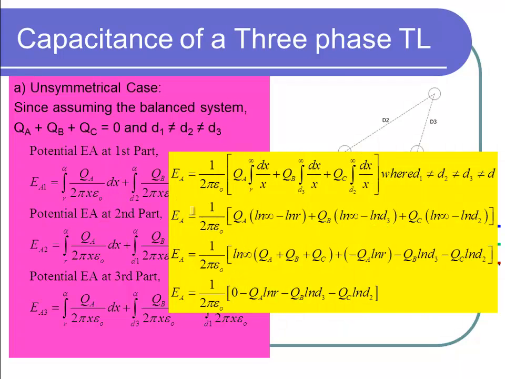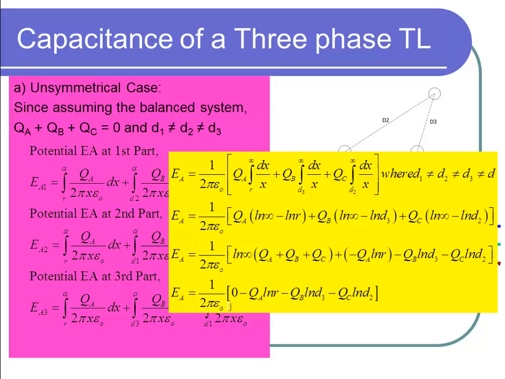On solving this equation, here we are representing first EA1. On solving this, we will get EA equal to 1 by 2 pi epsilon naught into 0. This 0 is for the infinity term, that is QA plus QB plus QC equal to 0. The remaining terms QA, QB, QC we keep as they are in this equation.